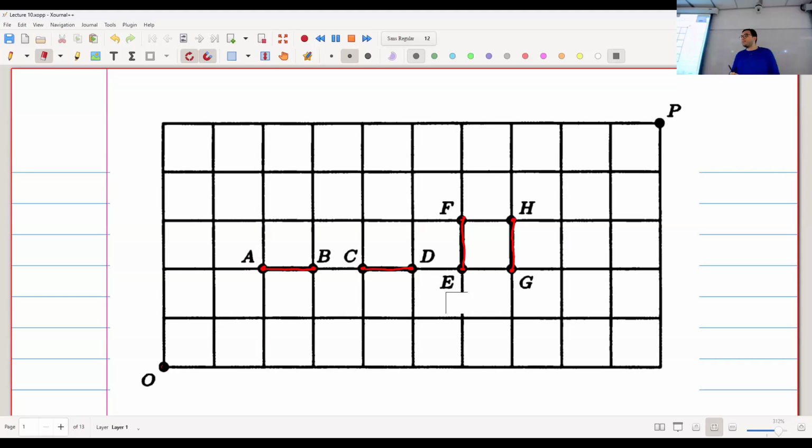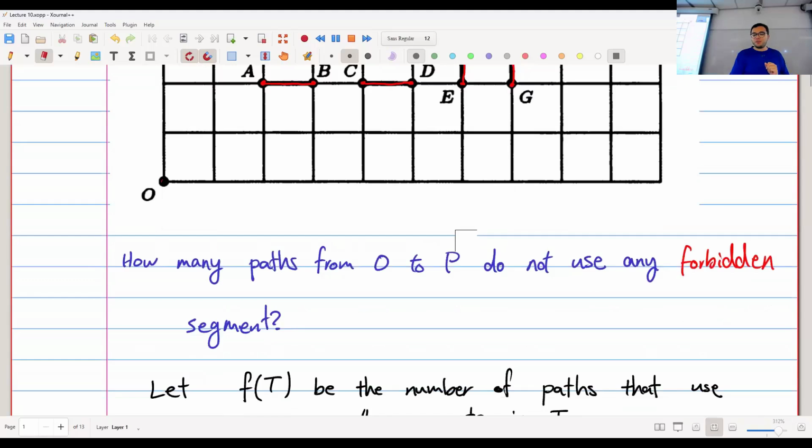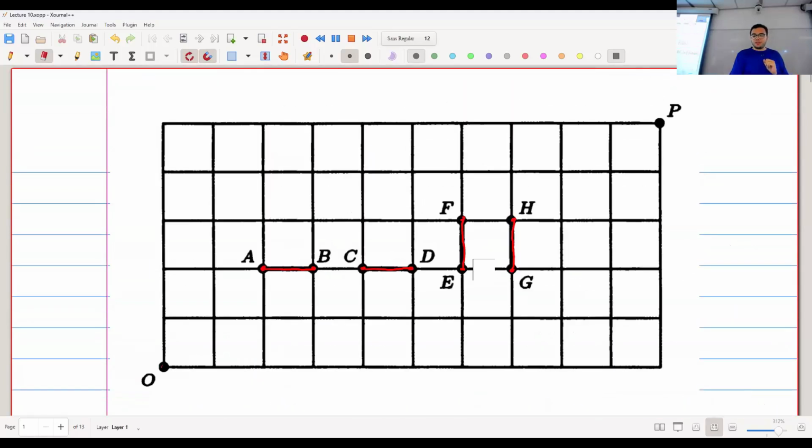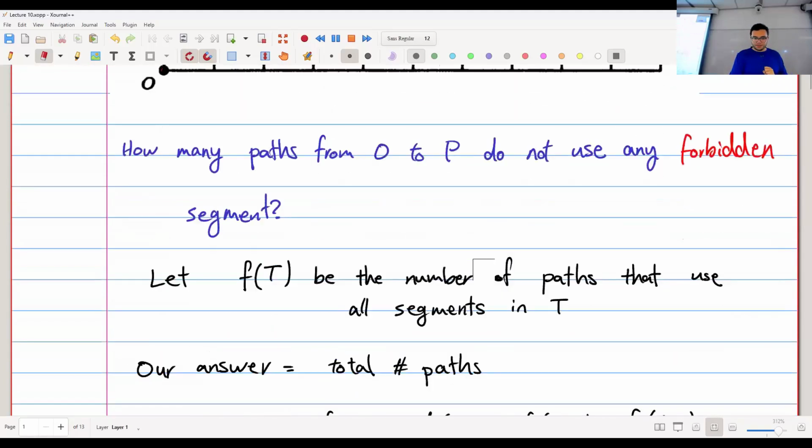So I can just do case fork, principle of addition, add the 2 cases. But inclusion exclusion works for any combination of these, of course. So if my forbidden edges were any different, I wouldn't be able to just do a case fork, but I would still be able to do inclusion exclusion.